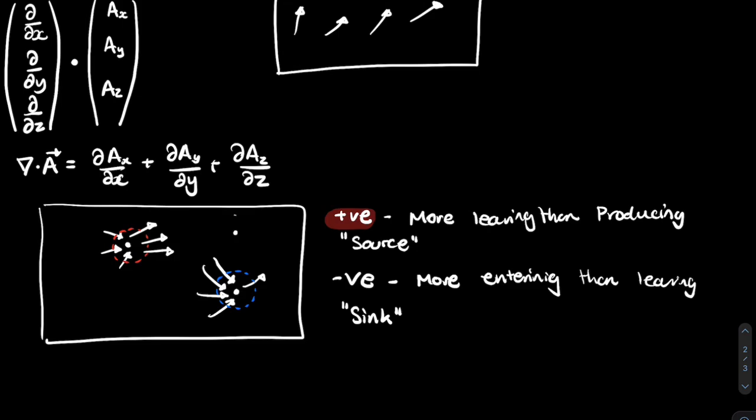Now, of course, you can have a region which has just as much coming in as is going out right here. So you have vector field entering this point, and you have vector field leaving this point. And regions like this are said to have zero divergence. So the divergence of A is zero for this point right here. This is quite important for one of Maxwell's equations, Maxwell's second equation, in fact.